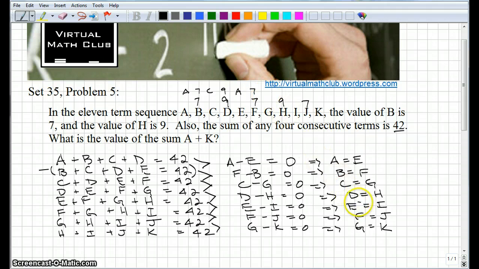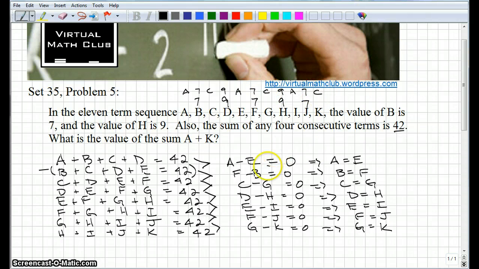We don't know G, but we know G is equal to C, so we can just write C, and then we know 9. And then I is equal to E, but E was equal to A, so we can just write another A. And this is 7. And then K is equal to G, and G was equal to C, so we can just write C here.